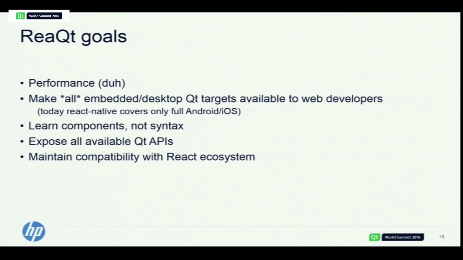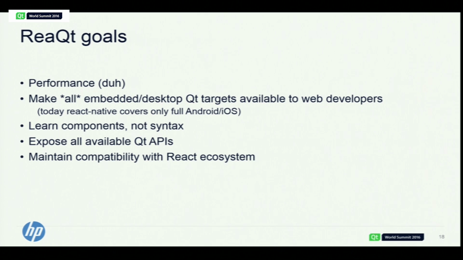I'm having a hard time giving that up, as appealing as the web might sometimes sound. On the flip side, it's sometimes very difficult to have web developers write something for embedded and desktop Qt targets. I'm saying this from an application perspective. They say, well, if it's a desktop, it's just going to be a browser. And you say, no, I would like an application, because there are these APIs and everything else that I would like to just feel right on a desktop application. So this is also a way around that.